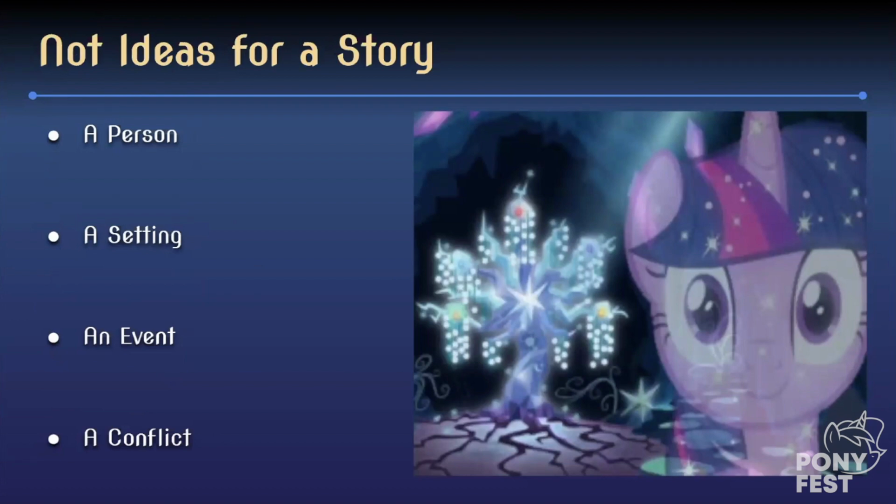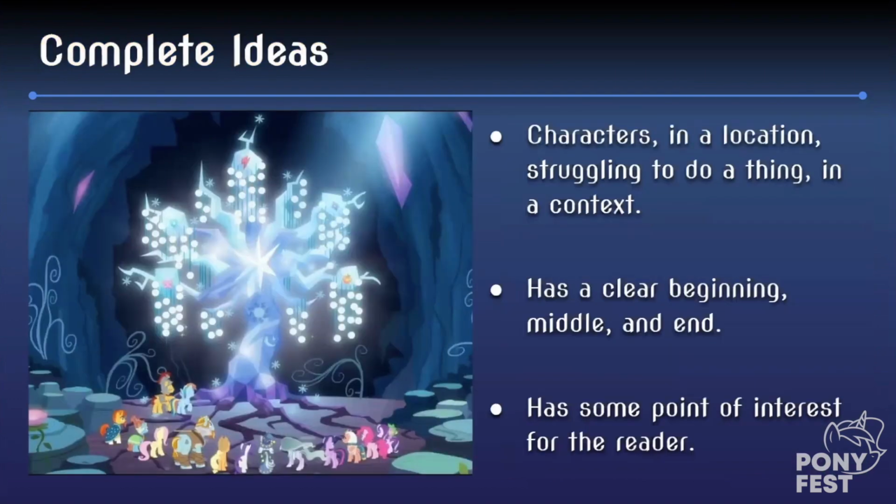The problem is that a story is a little bit more than just a person, a setting, an event, or a conflict. Those are elements that you put together to make a complete story. A complete story idea is a character in a location struggling to do a thing with context. It has a clear beginning, middle, and end, and has some point of interest for the reader.